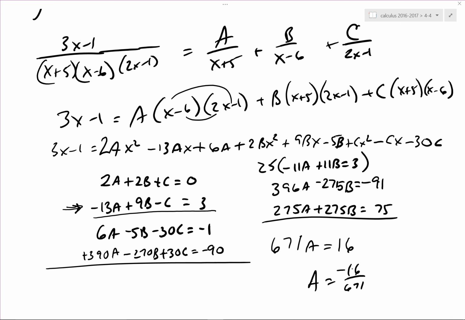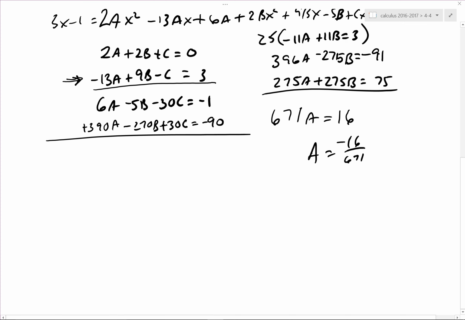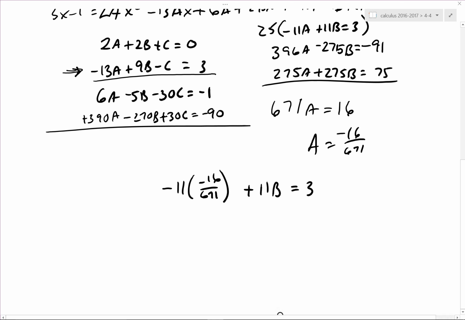Okay. Is that what you got? Nope. I didn't finish it, so I got 2A, but I went a different route. Riley, do this on your calculator, please. So it's 167 over 671 plus 11B equals 3.